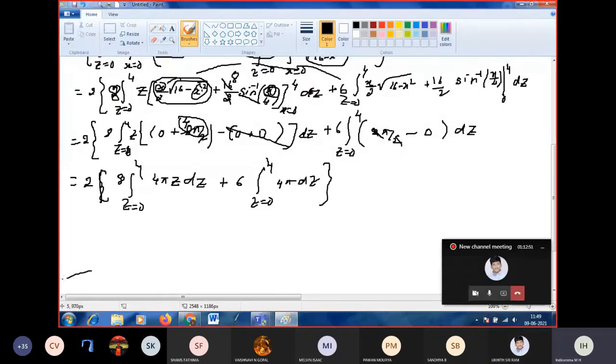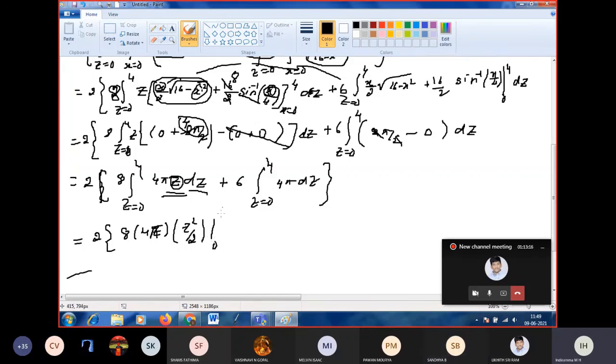Okay, next, which is equal to 2 into 8 into 4, z is constant, keep it out. Sorry, 4 pi is constant, not z. 4 pi is constant, keep it out. Apply the limit for z. What is the integration of z with respect to z? z square by 2.